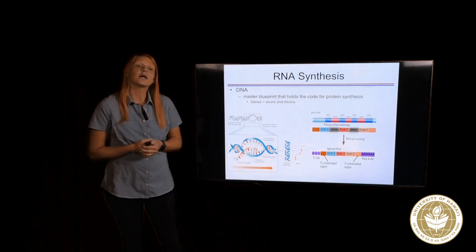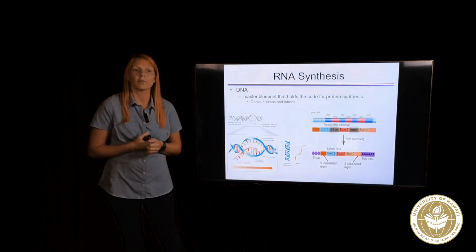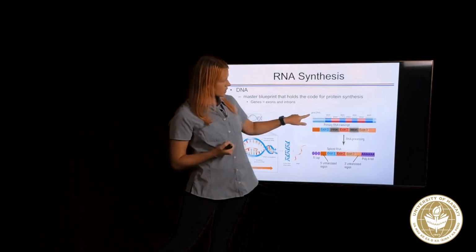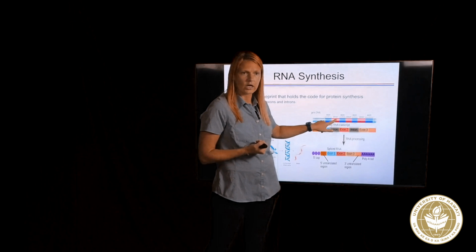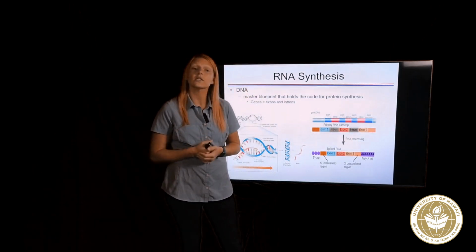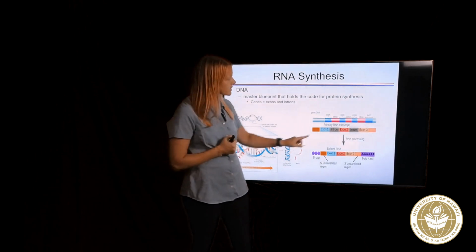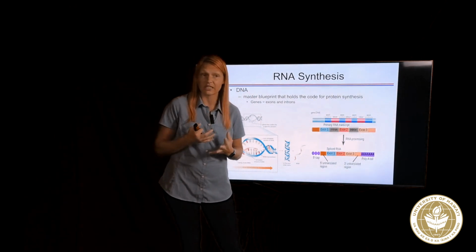So the genes in this DNA are going to be composed of what we term exons and introns. So we have this gene in DNA, and it has exons and introns. Exons are going to be expressed sequences. So these are the part of the gene that actually codes for amino acids. Whereas the introns are intervening sequences.